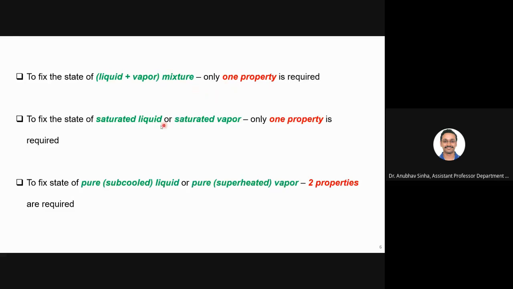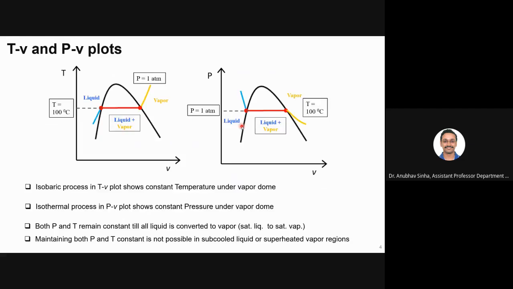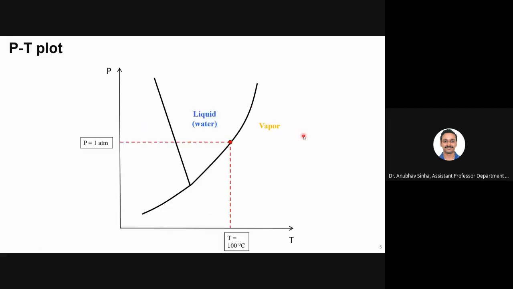Now for saturated liquid or saturated vapor, when you're lying on the saturation line, basically this. If your liquid is lying on this line or vapor is lying on this line, again I will need one property only.